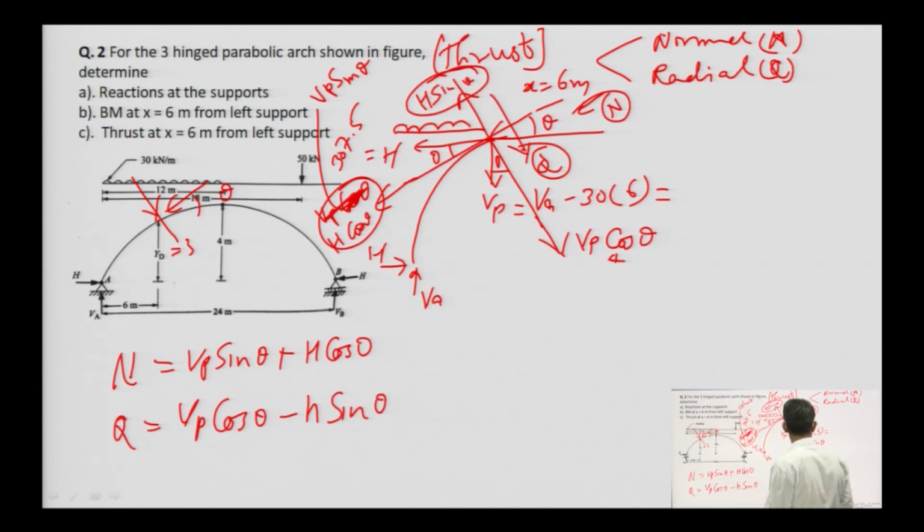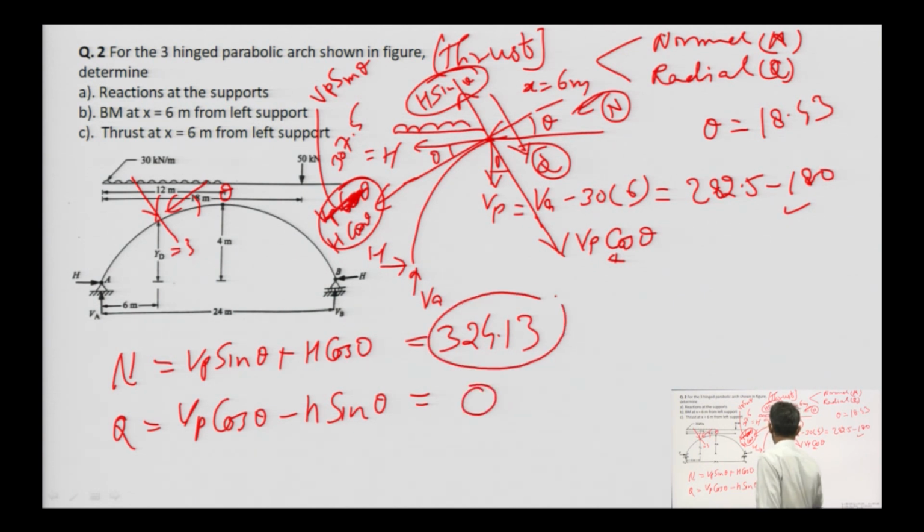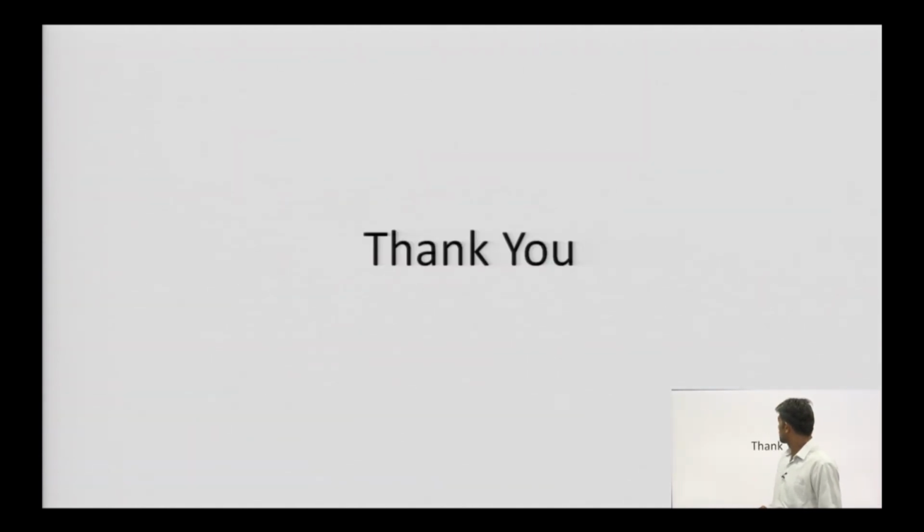Theta is known to us as 18.43, Vp is known as 282.5 minus 180, and H is known to us. By putting in the values, the value of N is 324.13, and the value of Q will be 0 here. So, these are the results. Thank you very much.